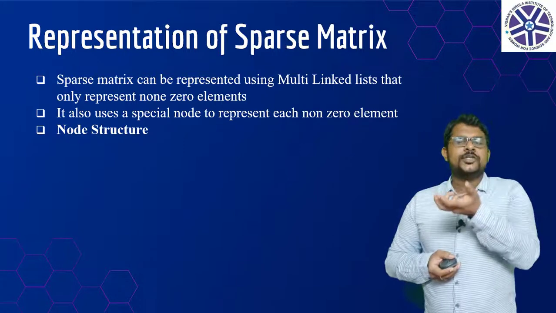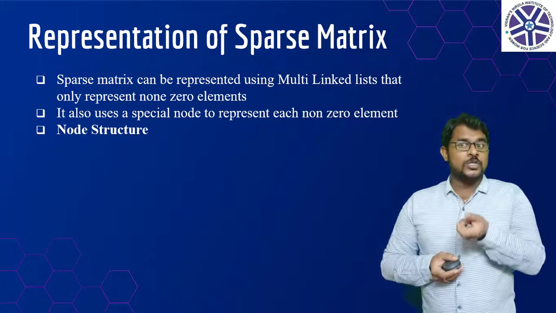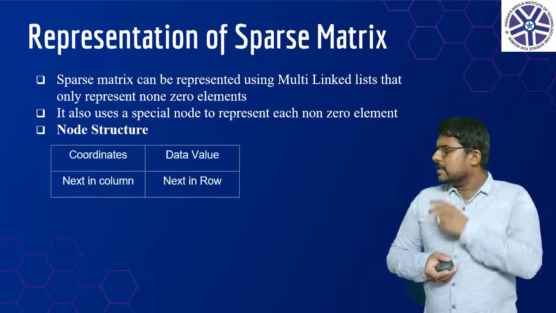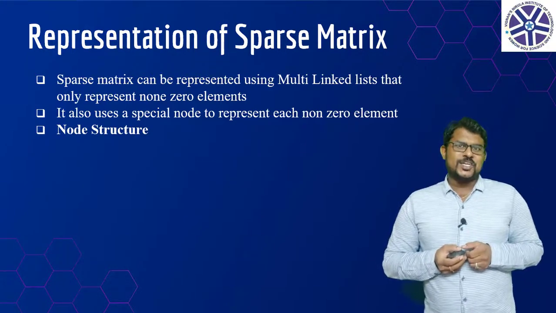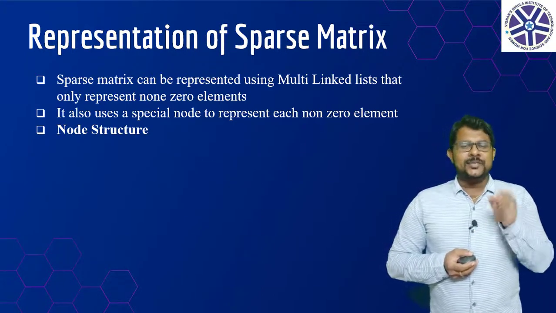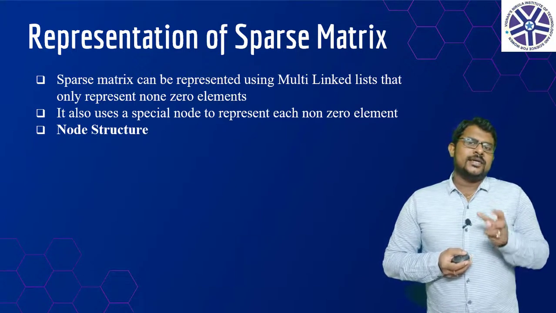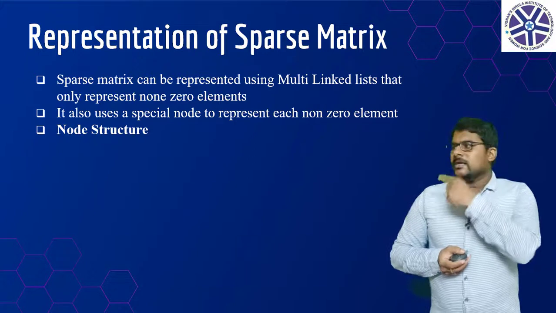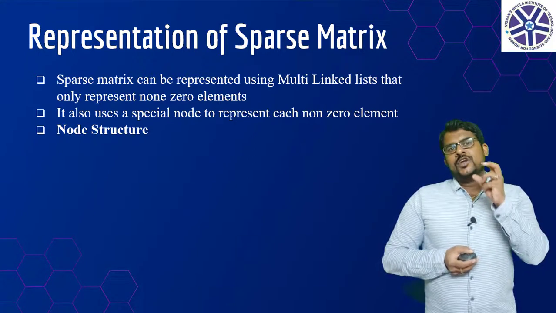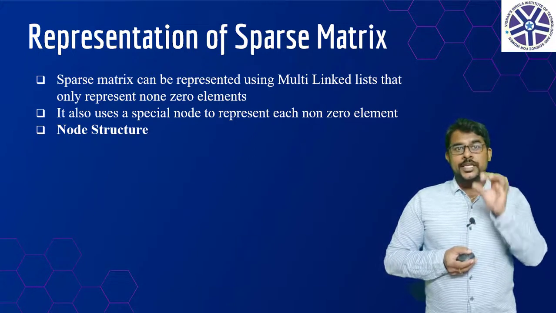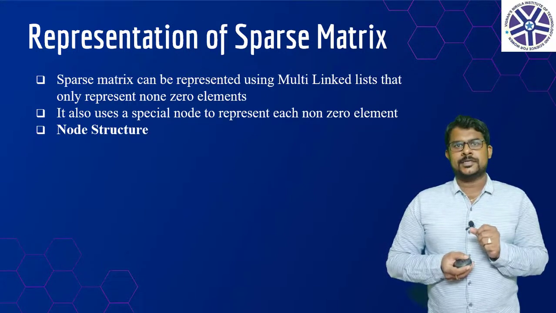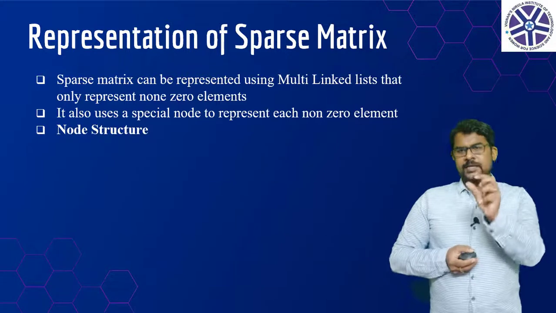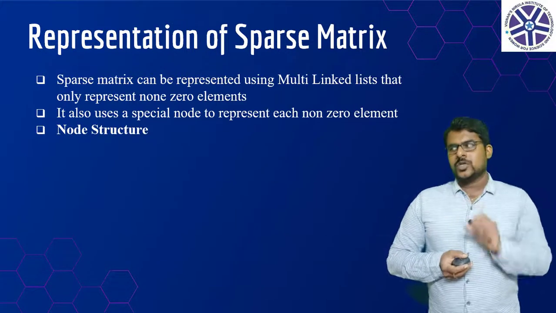So you are going to create a node only for the non-zero element. We are not going to create a node for a zero element. Here we are only representing the non-zero elements.